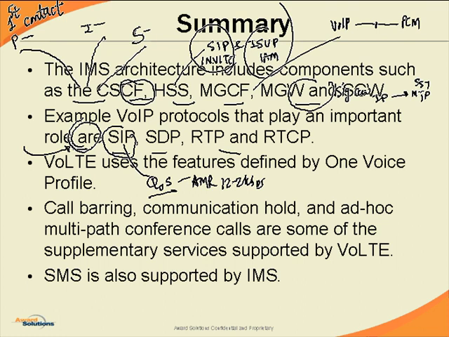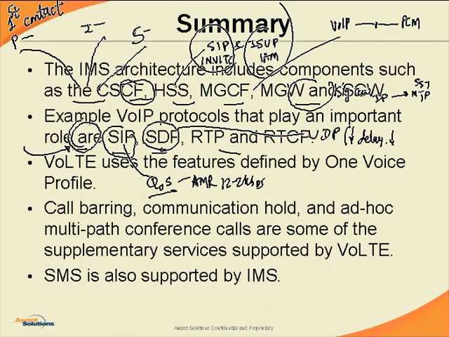Real-time transport protocol is helping us carry the actual voice over IP traffic, and it is running over UDP. The reason for UDP is we want to reduce delay, we want to reduce overhead. We do not want to do retransmission for actual voice over IP traffic.